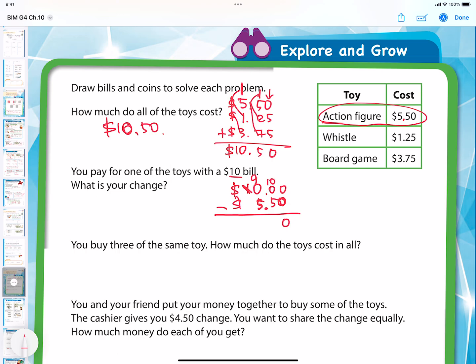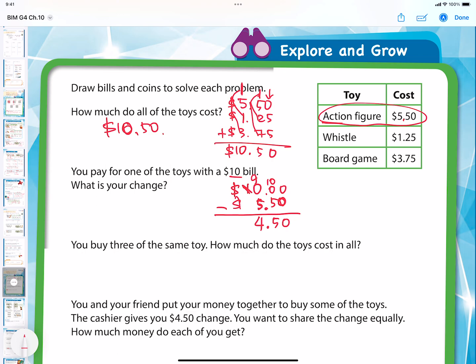Make sense? Yeah, 10 dimes, which means 100 cents, but let's go ahead. So 10, take away 5 is what? 5. And then I'm going to put this decimal point. 9, take away 5 is what? 4.